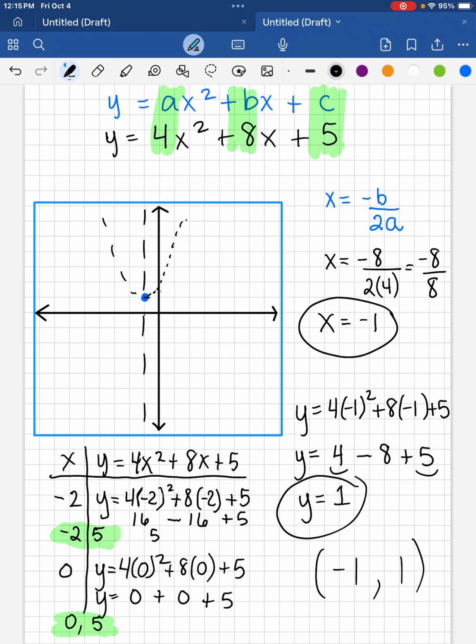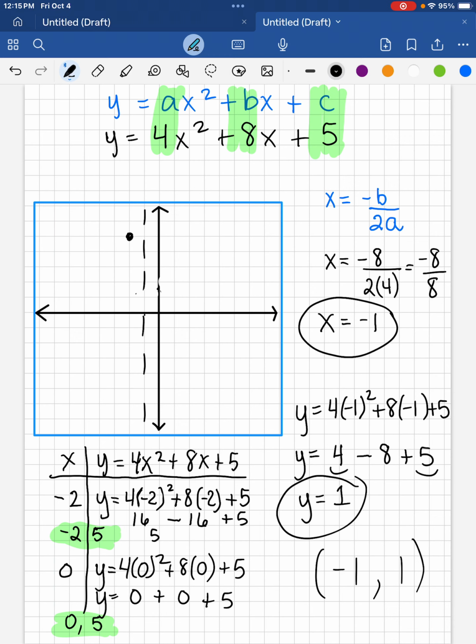So I'm going to go ahead and graph these. So at -2, which is right here, it goes to 5. Oh, so my sketch was way off, right? So I'm going to get rid of my little sketch. All right, so put my vertex back in there where it was.